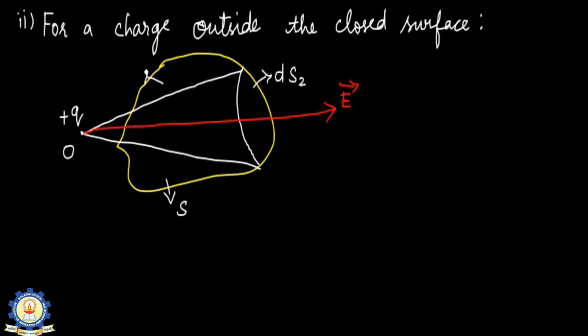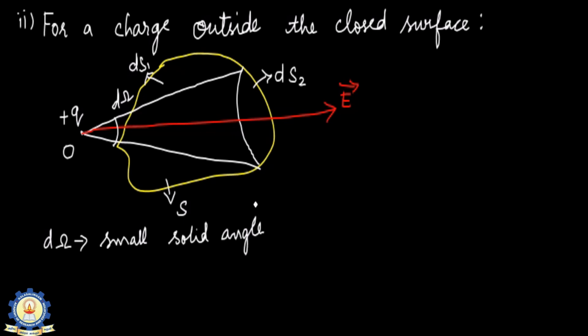So ds1 is marked like this. d omega is the angle subtended by the surfaces, and this ds1 is the surface which is nearer to the point O, and it experiences an inward flux, whereas the flux through ds2 is an outward flux. So this is ds1, which experiences inward flux, whereas ds2 experiences outward flux.